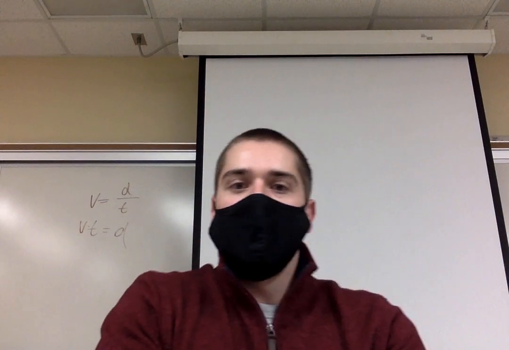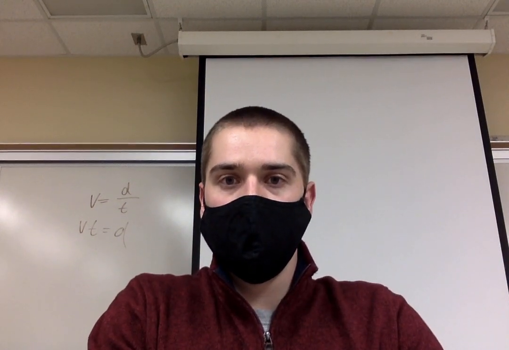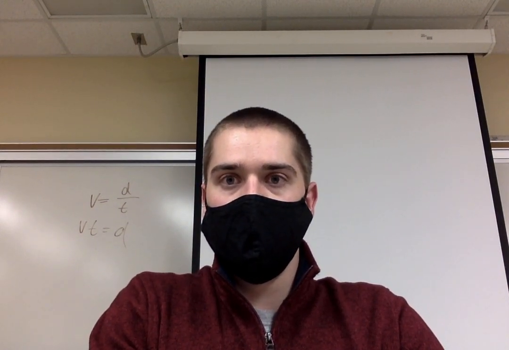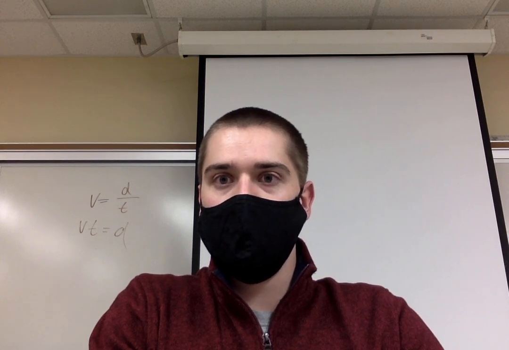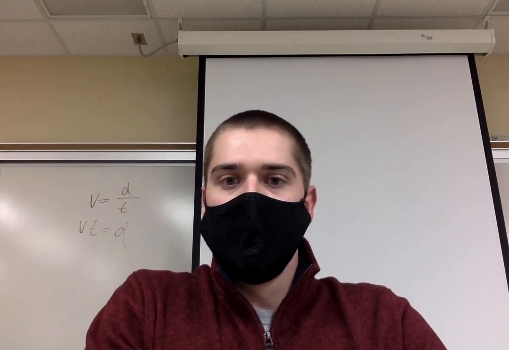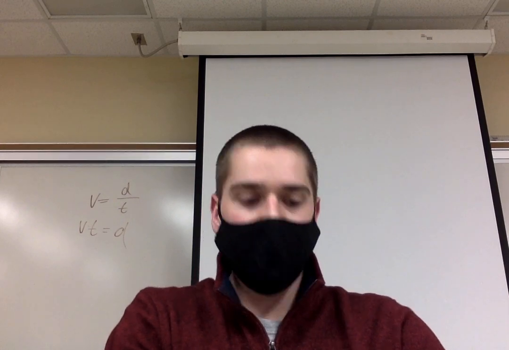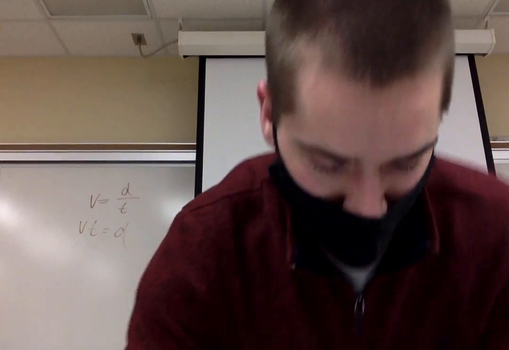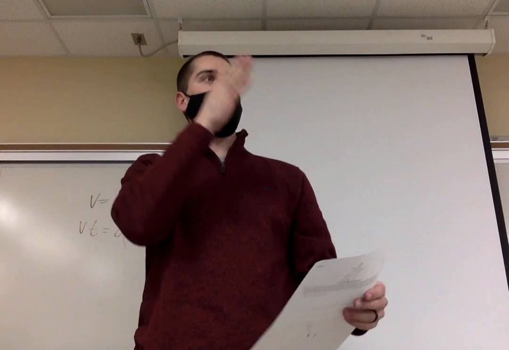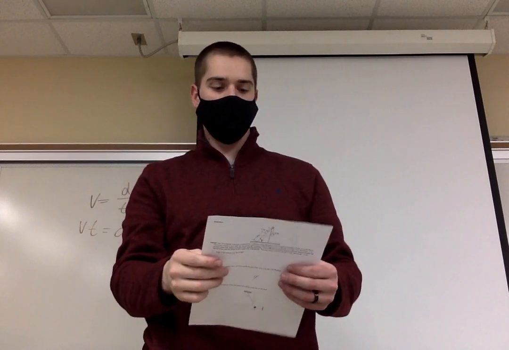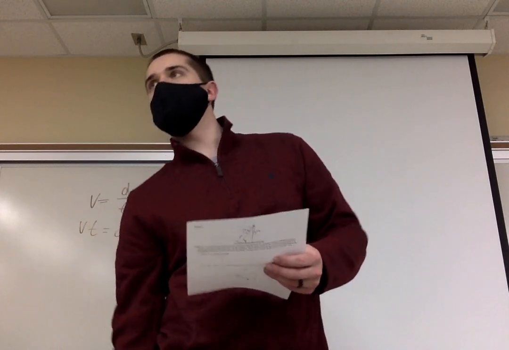Did anybody get the first part of it, the speed at the end of each of those intervals? The first interval should be pretty easy. It didn't move. It started at 0 meters, with a speed of 0, and it didn't accelerate. Literally nothing's happening.